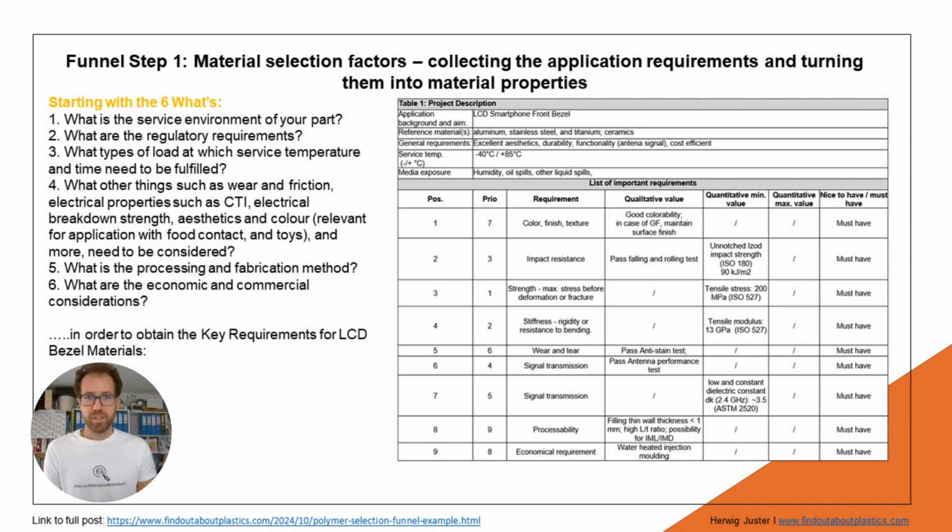On the right side here, you can see now the requirements worksheet filled out. So here we collected all the requirements for this type of application, and we turned these requirements into material properties with qualitative and quantitative values, and also whether it is a must-have or nice-to-have, and also ranked it already a bit, so that we know what is the most important and what is not as important at this stage.